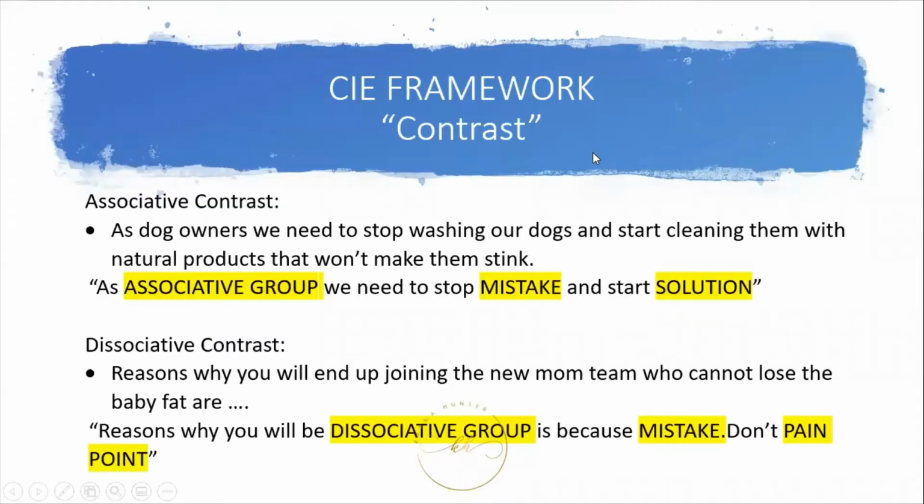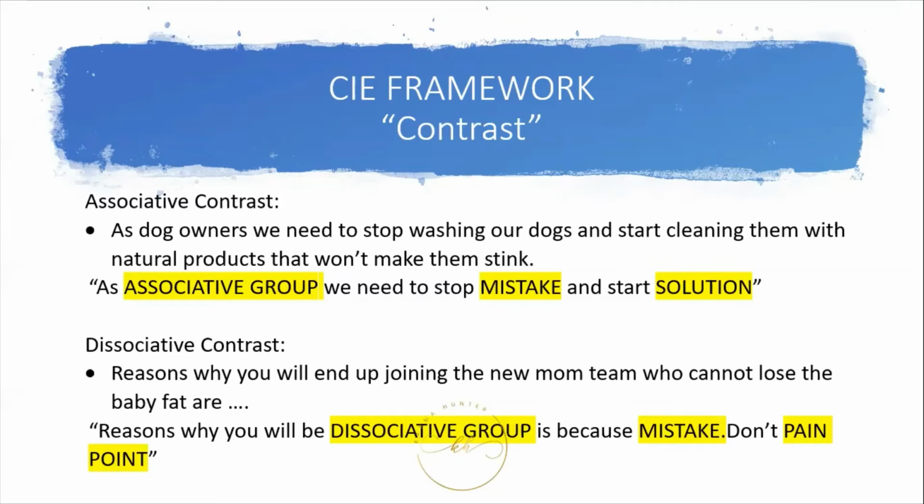Let's look at the contrast in between associative contrast. Associative group. This is how we can do it. We can always, again, relate with them and say things like, as dog owners, we need to stop washing our dogs and start cleaning them with natural products that won't make them stink. So now this is basically telling you that I am a dog owner as you are, and I can relate to it, and I do have a better solution to the mistake you're making.